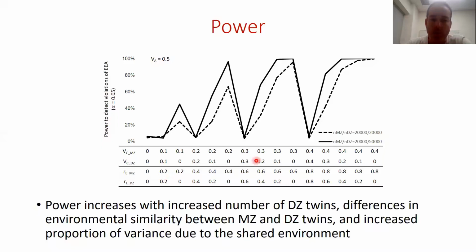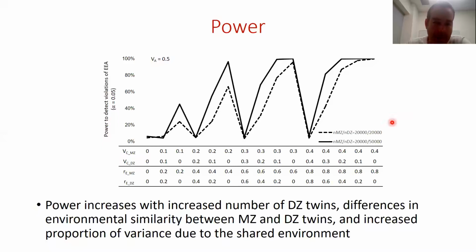And so what you can see here in this graph is we're looking at two conditions. We've got 20,000 MZ twins and either 20,000 or 50,000 DZ twins. And we're looking to see how power varies across the different conditions. So what we see, not unexpectedly, is that power increases with increasing numbers of DZ twins, differences in the degree of environmental similarity between MZ and DZ twins, and increased proportion of variance due to the shared environment.